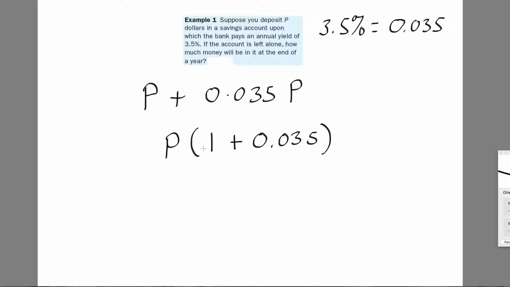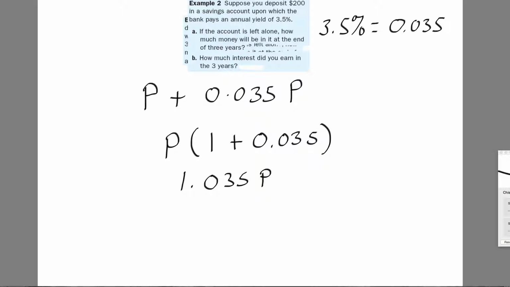And then this can be combined, so 0.035 plus 1 is 1.035. And we generally put the numbers in front of our variable, so 1.035P is the total amount in 1 year. So here we've got a basic idea of compounding interest. The interval is 1 year. This happens 1 time. And we can begin to build on it from there, and we can simplify it to 1.035.